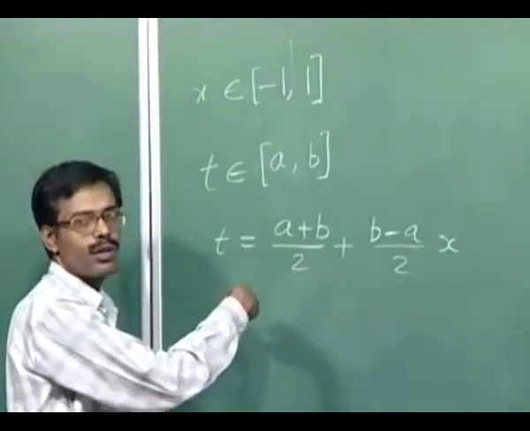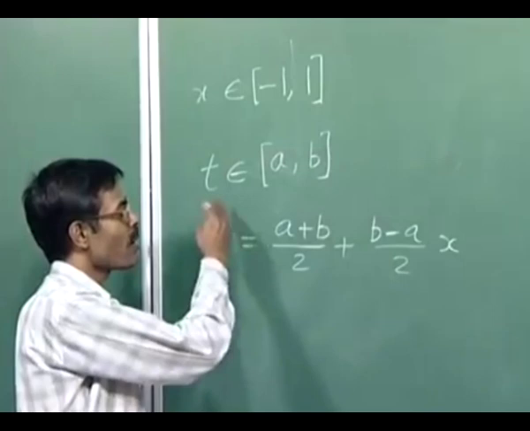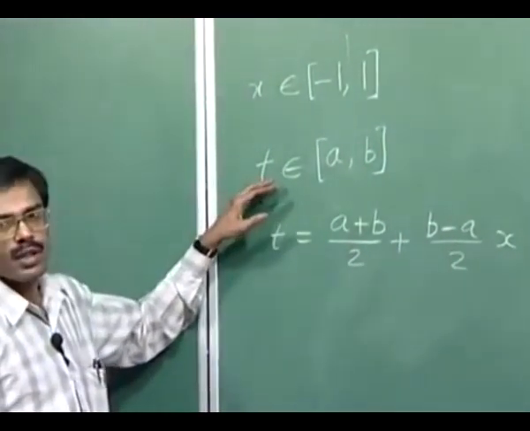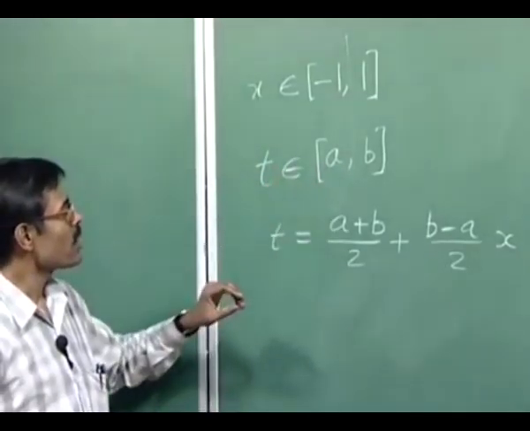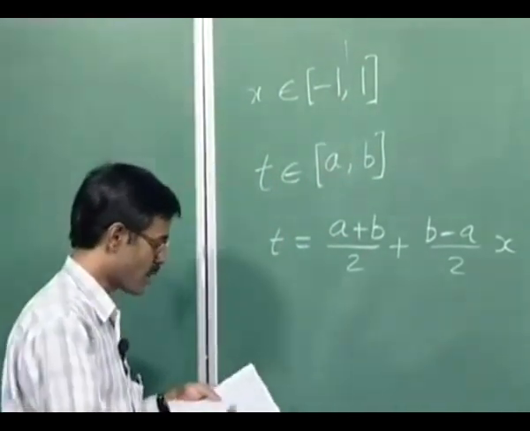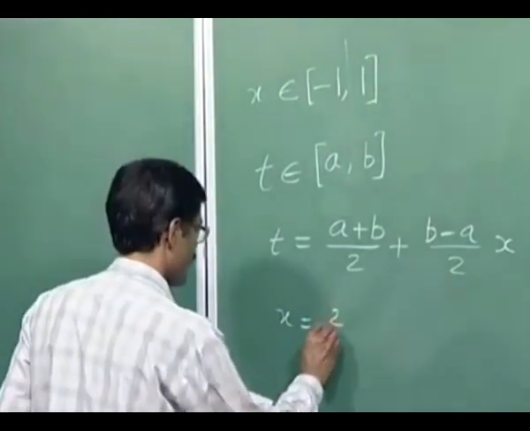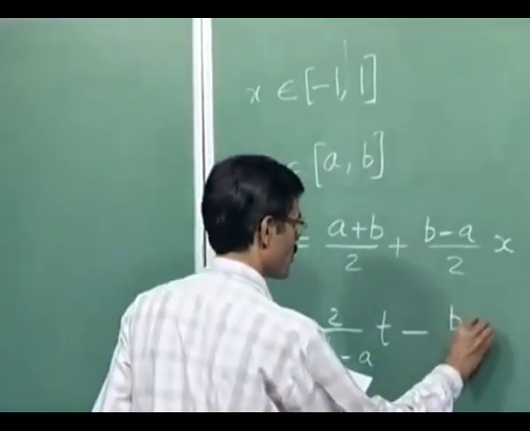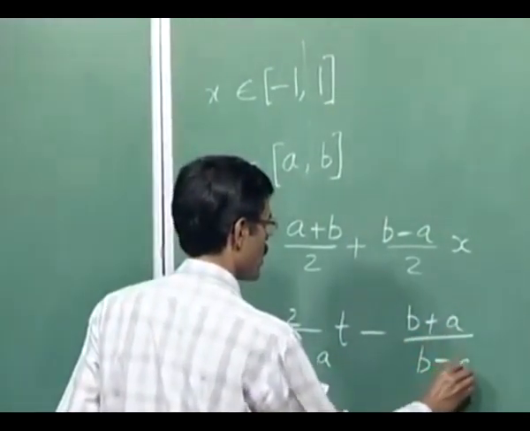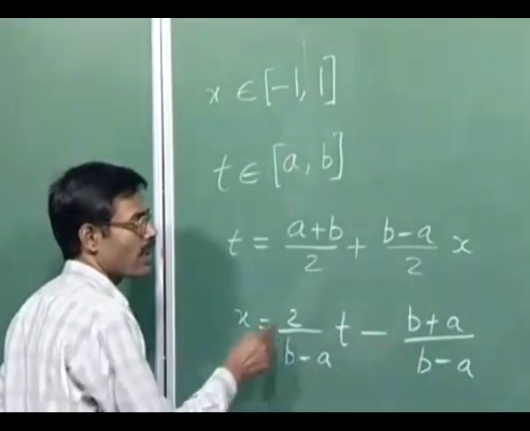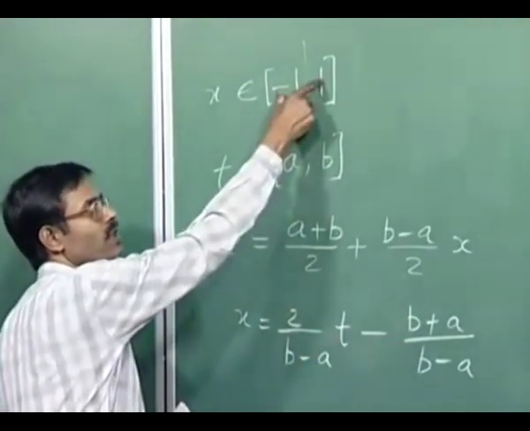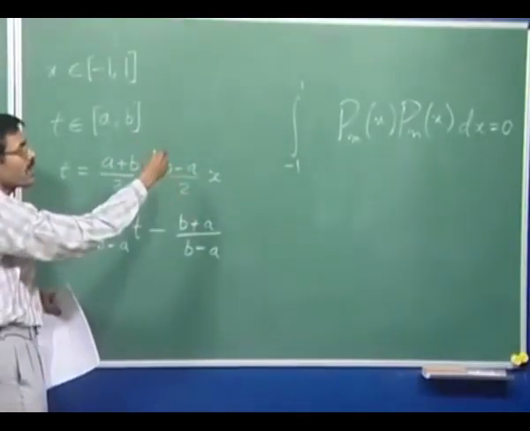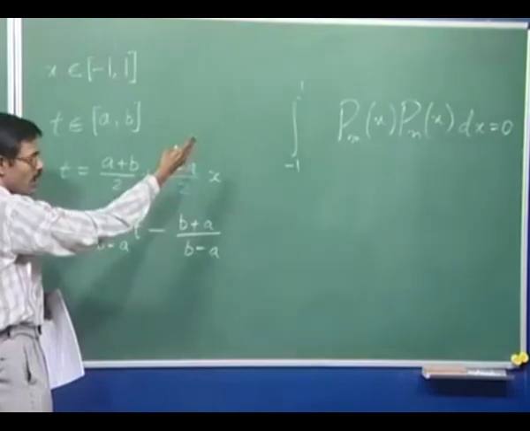So, the inverse also you can establish, that is, if you need to transform from given values of t to x. That means if you need the value of a function at t equal to something, then from the inverse expression, which will be this, that value of t you put here, get the x, and with that value of x in this interval you use the theory to get the coefficients, and then you get a polynomial in terms of x.